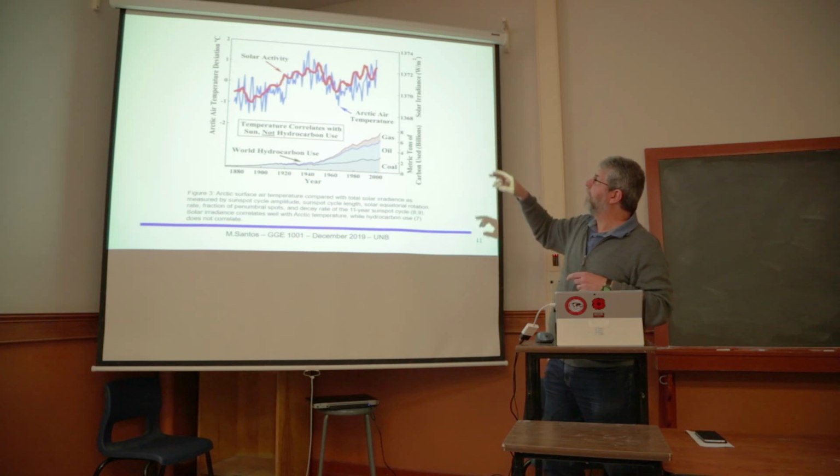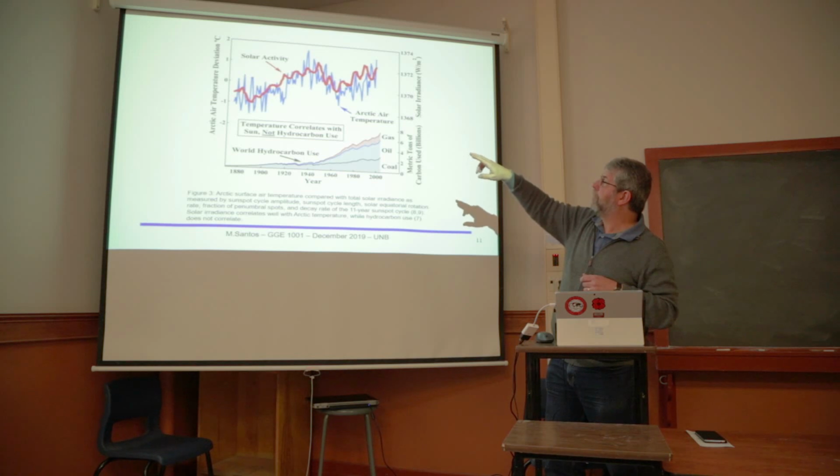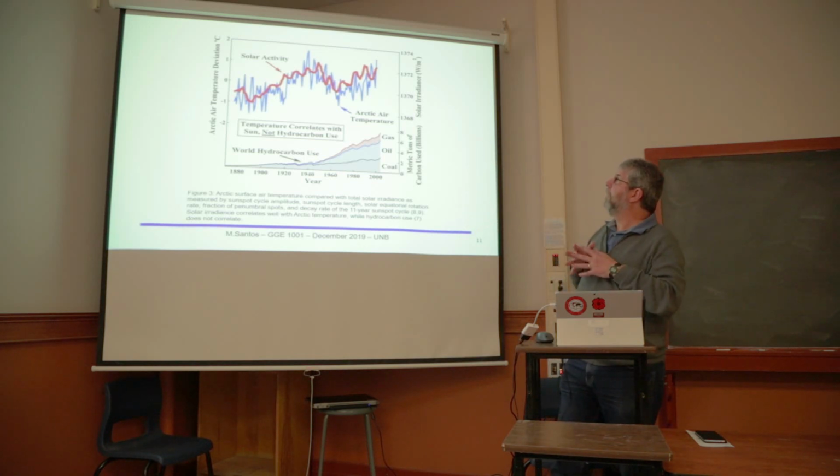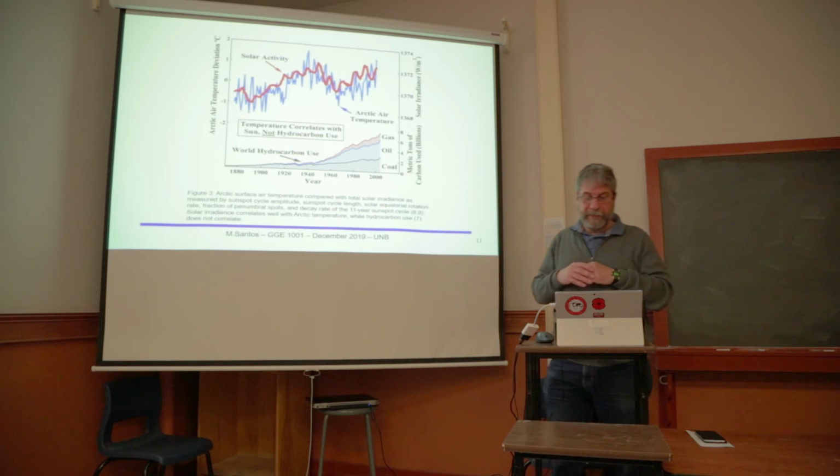In blue we have the Arctic temperature, and in red we see the solar irradiance. It points out, of course, the importance of the amount of solar irradiance on temperature.